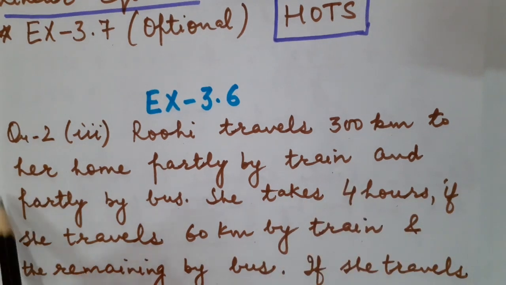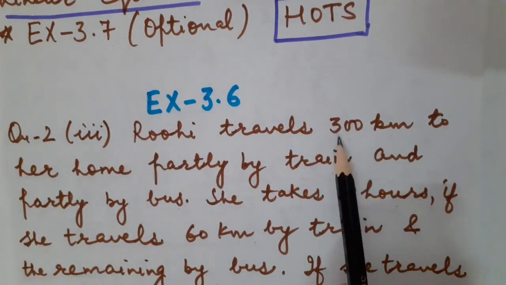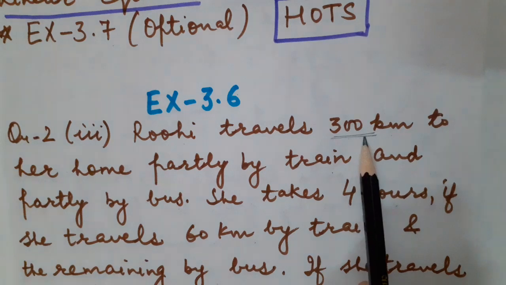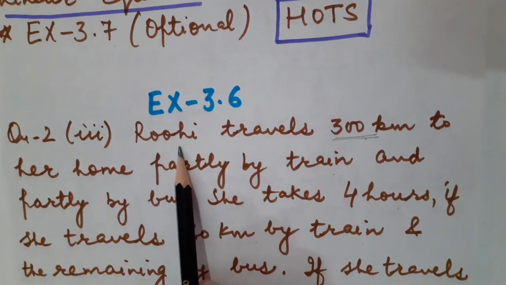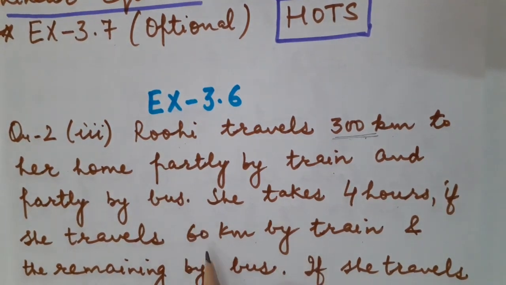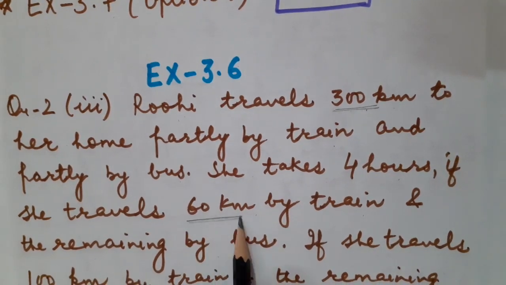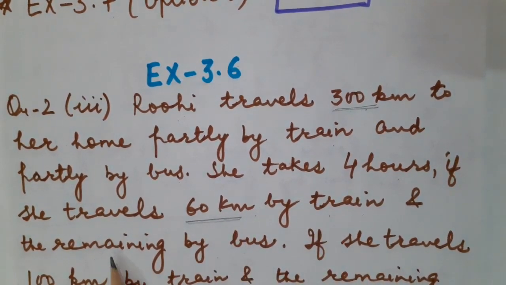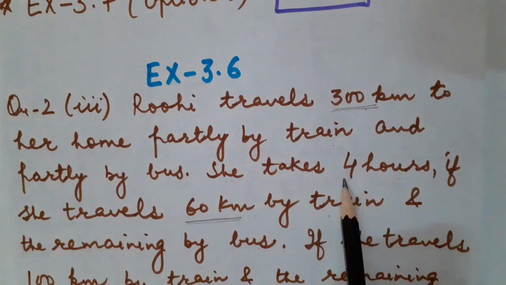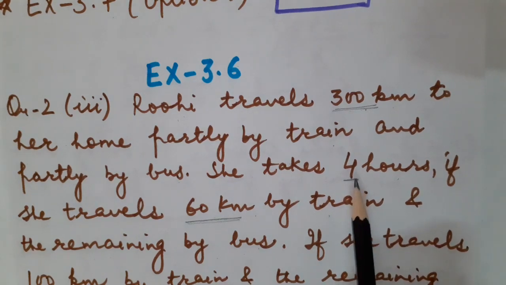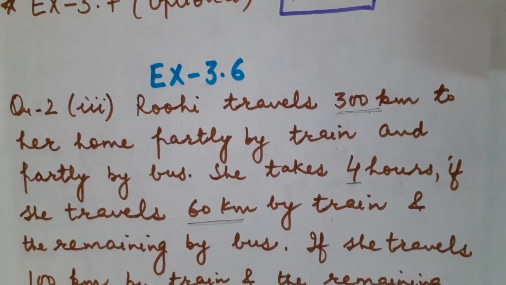Children, up to here you may have understood that 300 km is the total distance covered by the girl. In case number 1, the girl is going to cover 60 km by train and the remaining she is covering by bus. That would be 240 km, of course. And how much is the time taken by the girl? That is 4 hours. Let us continue.